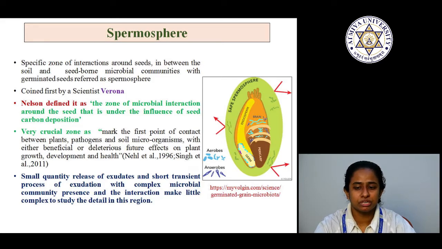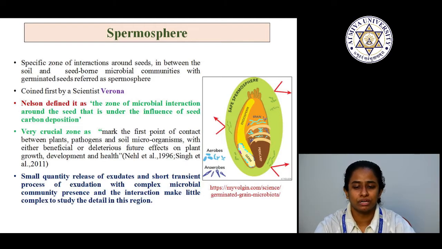If you see this picture, one is the endosperm, then this is the bran part of this seed, then this is the spermosphere region, and this is the germ cells. So these zones, depending on the nutritional composition, pH and moisture, different microorganisms can be found in this spermosphere effect.